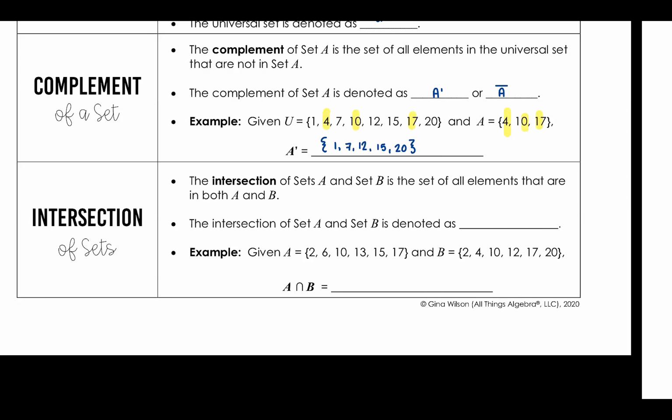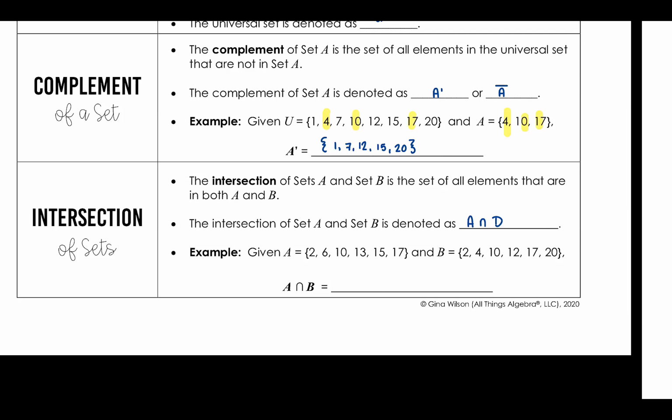Okay. Intersection of sets, where they cross. The intersection of sets A and B is the set of all elements that are both in A and in B. So when you see this, you'll see it denoted with almost a letter N. It looks like an N, but it's not.